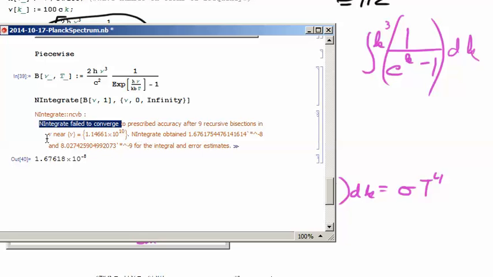It says that numerical integrate failed to converge to prescribed accuracy after 9 recursive bisections in the frequency near 1 times 10 to the 10th hertz. And integrate obtained this number, 1.67 times 10 to the negative 8th, and 8 times 10 to the negative 9th for the integral and error estimates.